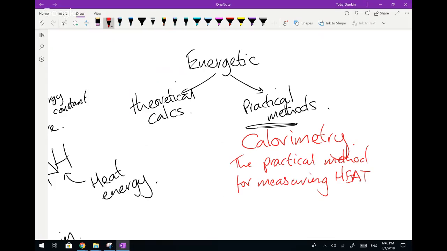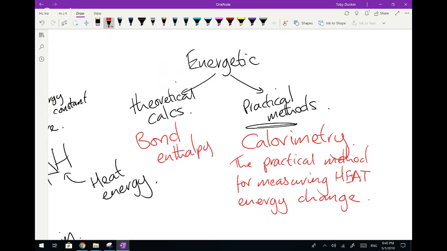Once again, notice that I'm always saying heat energy. We then have theoretical calculations. At GCSE, these are very straightforward, and these are bond enthalpy calculations. These ones are done purely on a theoretical basis.